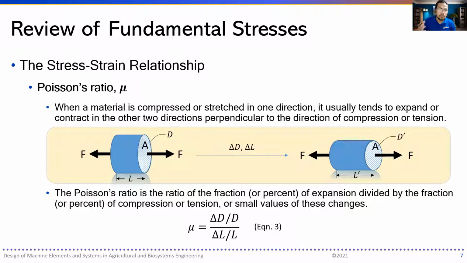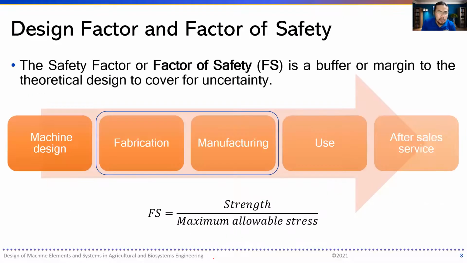And where does this go? After discussing materials, and the stress and the strain in relation to the materials, it is important to take note of the factor of safety, or the safety factor, or FS. And this factor of safety is important as a buffer or a margin to cover for uncertainty, not just in the operation, but all uncertainties during the life of a certain machine.